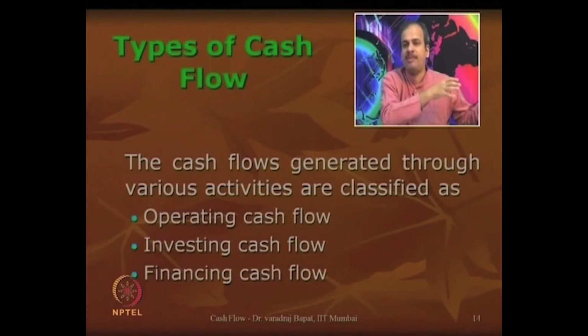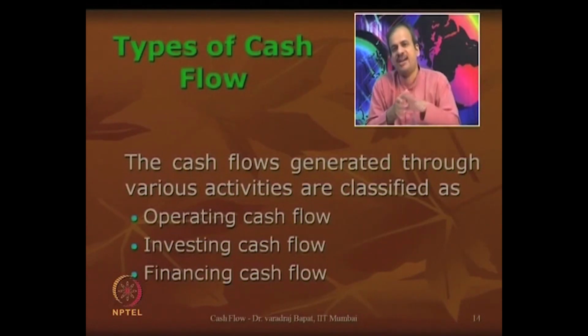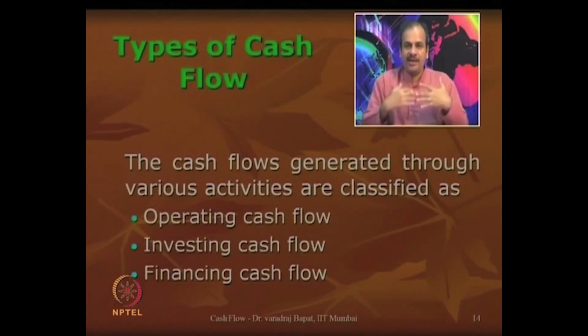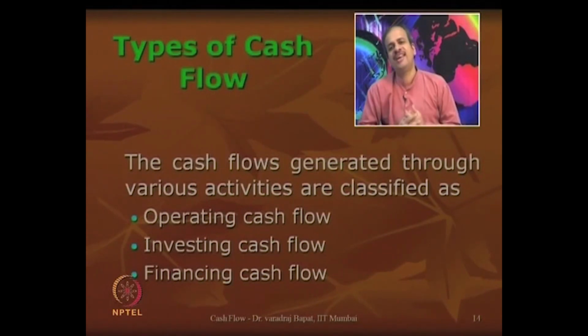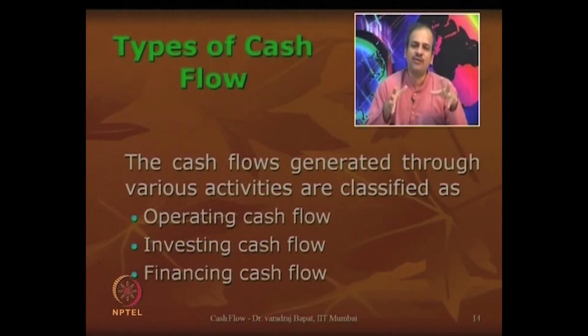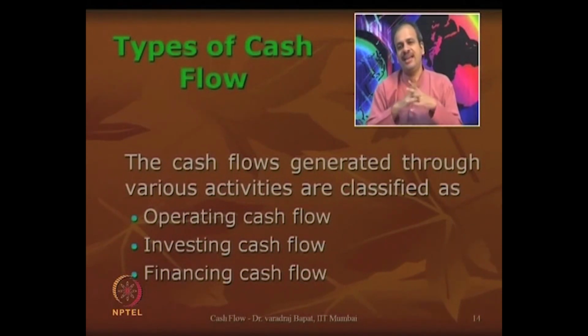Or I may approach a bank, take a loan, it's a financing activity. Now when I take loan, I have to repay also. So repayment of loan is also a financing activity. So these are the few examples of financing. In our next module, we will see little more into this, but right now we can say that operating, investing, financing, so all the activities we have to classify into these three.